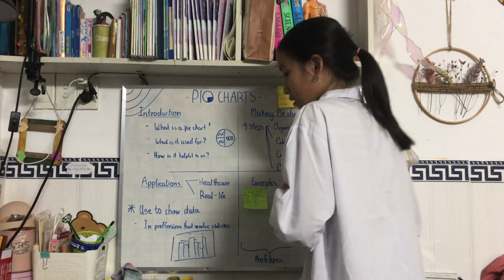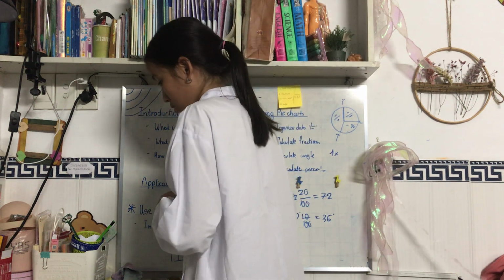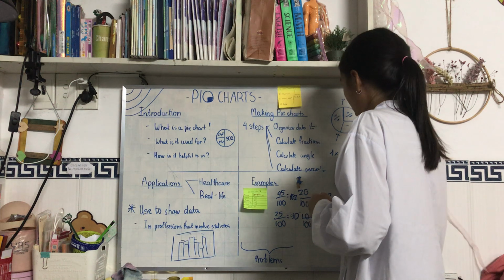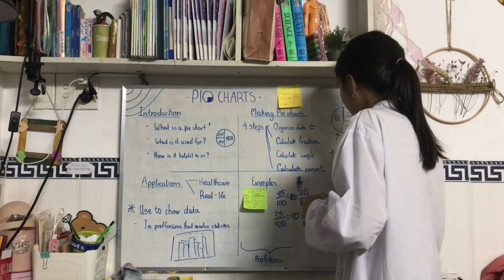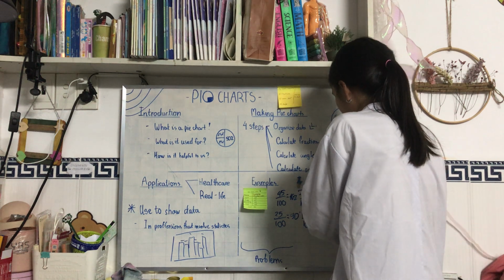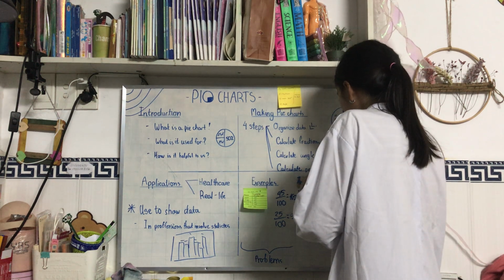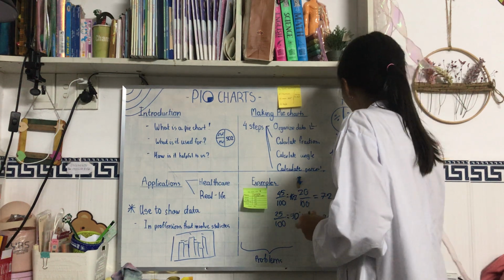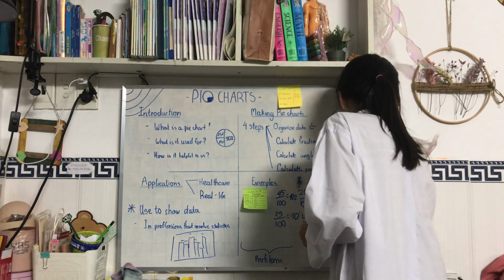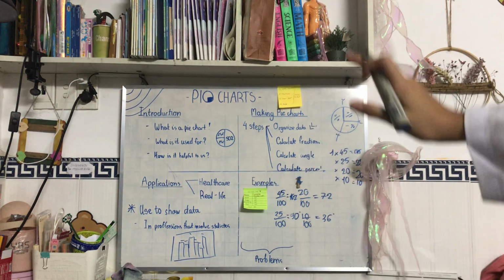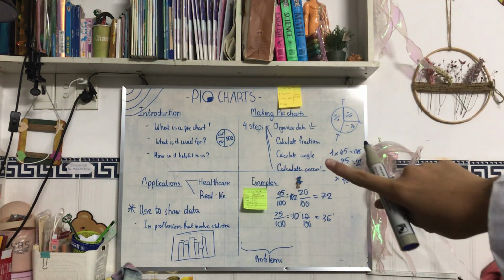We times 45, 25, 20, and then 10. And there we go. We will have all of the answers that we needed. That is all the things that we have to do.